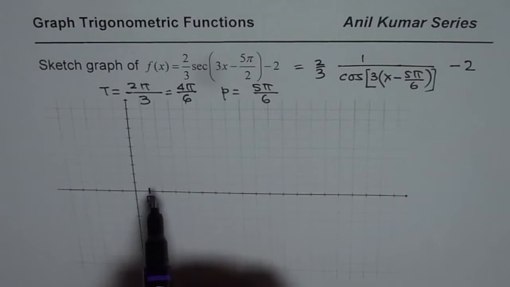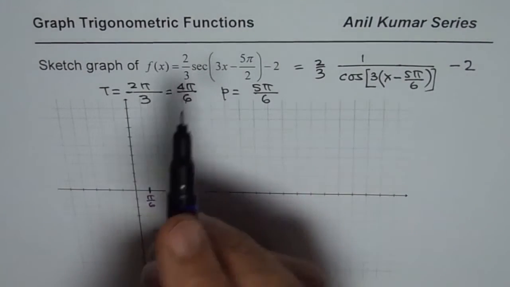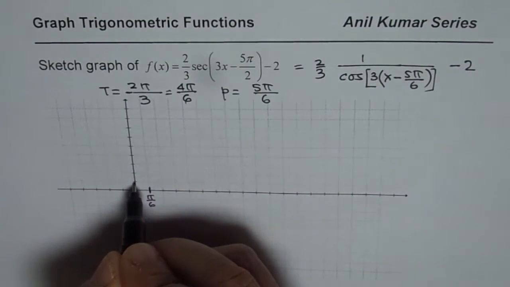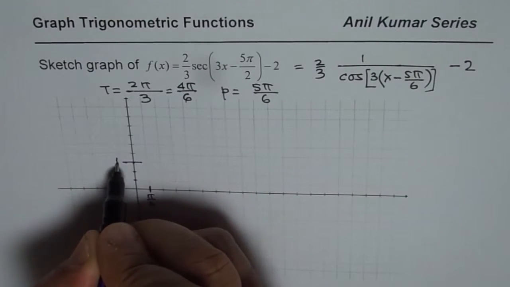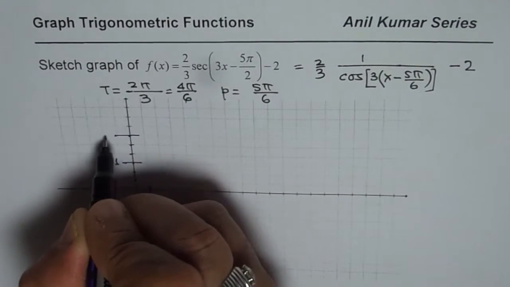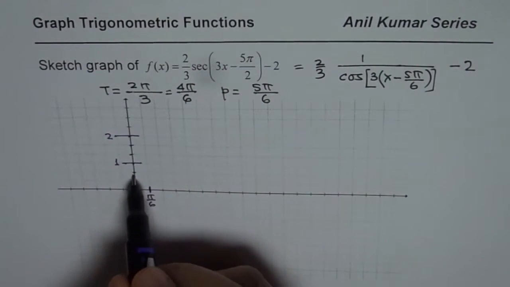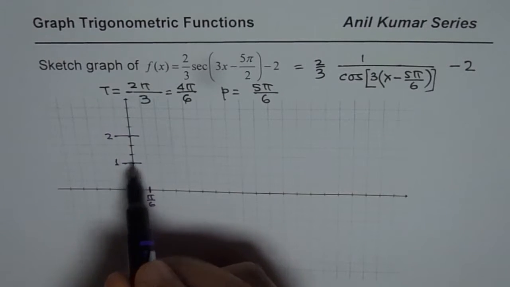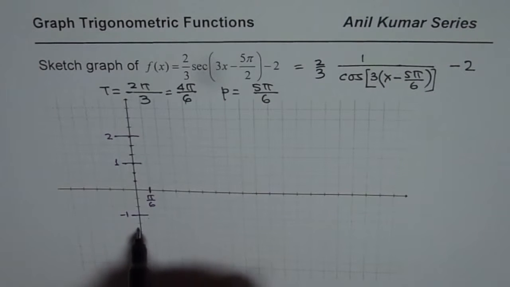Vertically, we have a compression of 2 over 3. That means we should take one division as 1/3. So we'll have one like this. Do you understand? Then 3 small divisions will make one big division. So each is 1/3, 2/3, 3/3 means 1. That scale will really help us to sketch this particular graph.